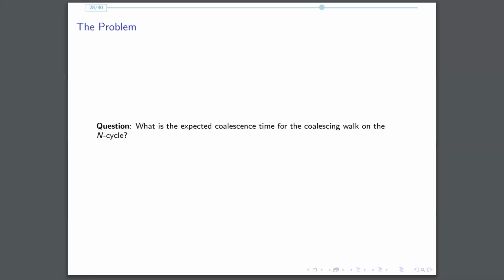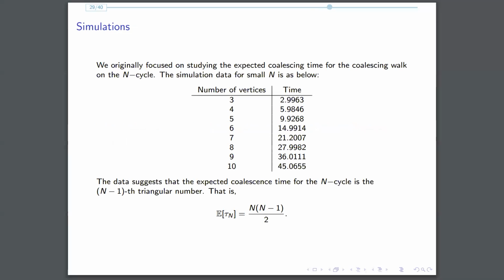This leads us to our problem. We're interested in finding out what is the expected coalescence time for the coalescing walk on the n-cycle. We first ran some computer simulations for the coalescing walk on the n-cycle for different values of n.